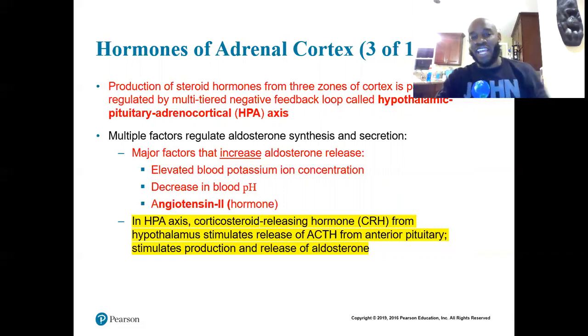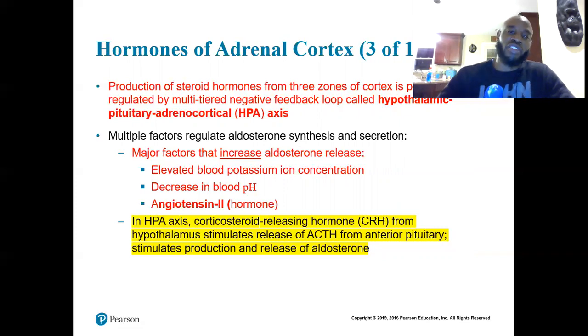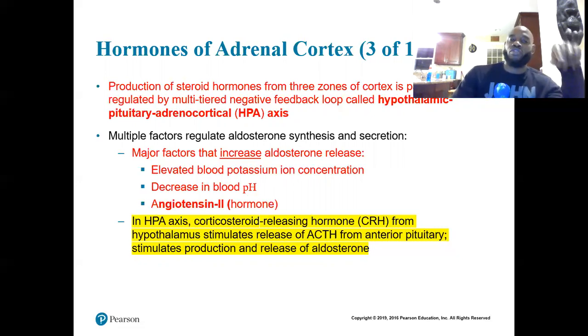So the HPA axis, this hypothalamic pituitary adrenal cortical axis, corticotropin releasing hormone from the hypothalamus stimulates the release of ACTH from the anterior pituitary. So you have the CRH from the hypothalamus, the ACTH from the anterior pituitary stimulates production and release of hormones from your adrenal cortex, right?